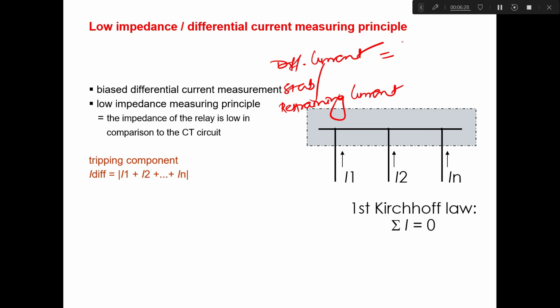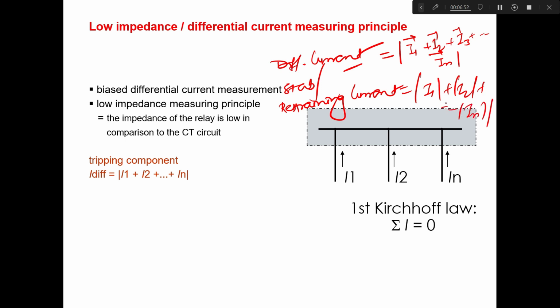The differential current is the vector sum of all the currents entering or leaving a node. So for all these currents I1, I2, I3 up to In, the magnitude of the vector sum is called the differential current, while the scalar sum of I1, I2 up to In is called your stabilization current.